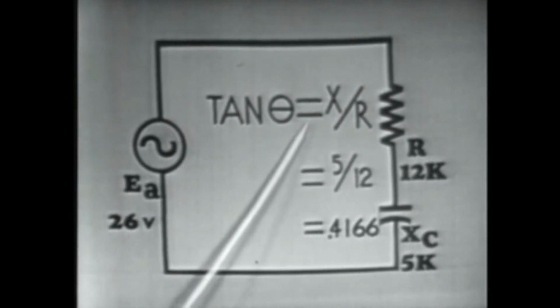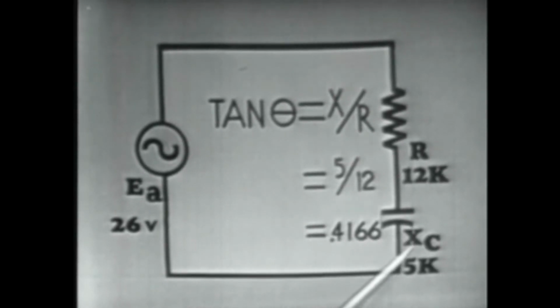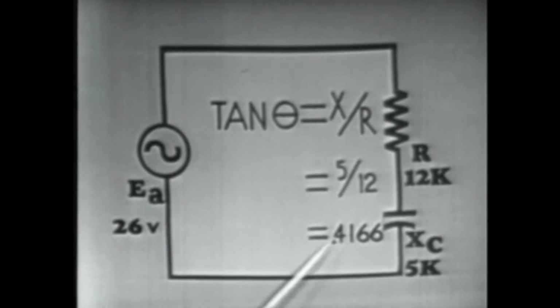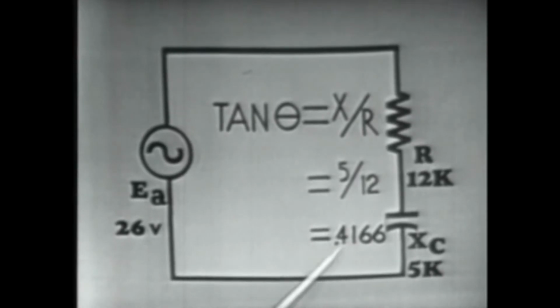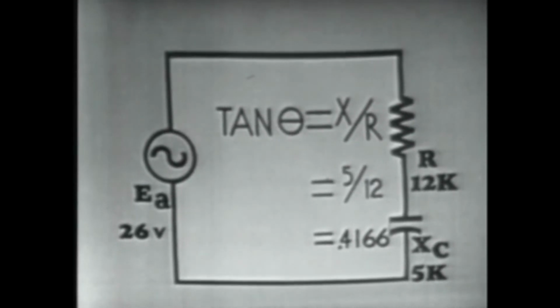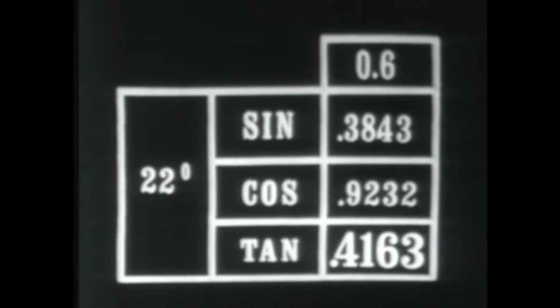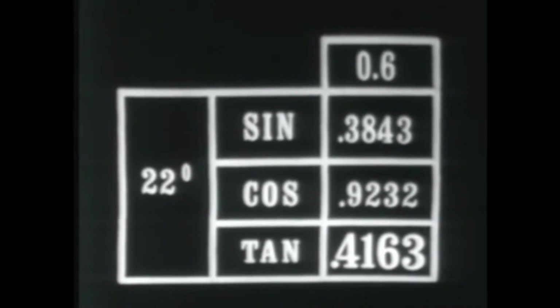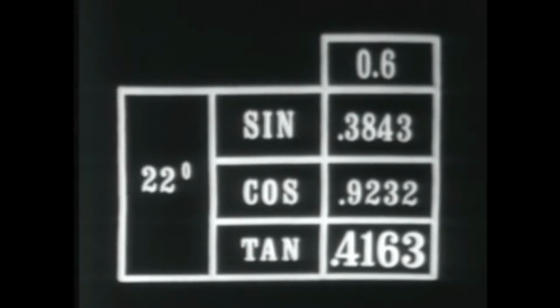To determine our impedance angle, we can use the tangent trig function, we said. The tangent of angle theta is equal to X over R, or X sub C divided by R. 5 divided by 12 is equal to 0.4166. Looking at our trig tables, 0.4166 is nearest to 0.4163, and that gives us an angle of 22.6 degrees.